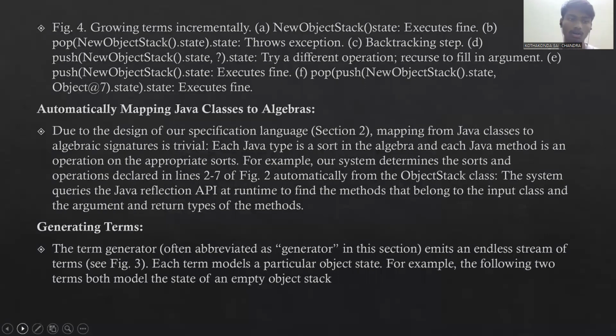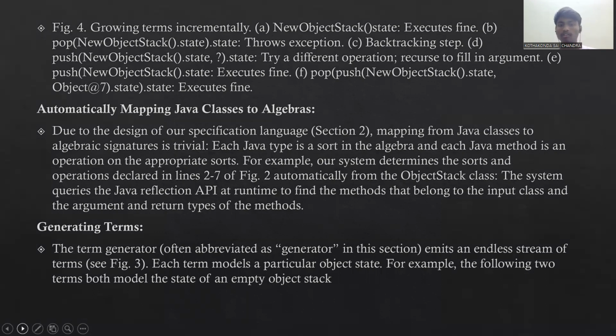So this is automatically mapping Java classes to algebras. Due to the design of our specification language, the mapping from Java classes to algebraic signatures is trivial. Each Java type is a sort in the algebra, and each Java method is an operation on the appropriate sorts.